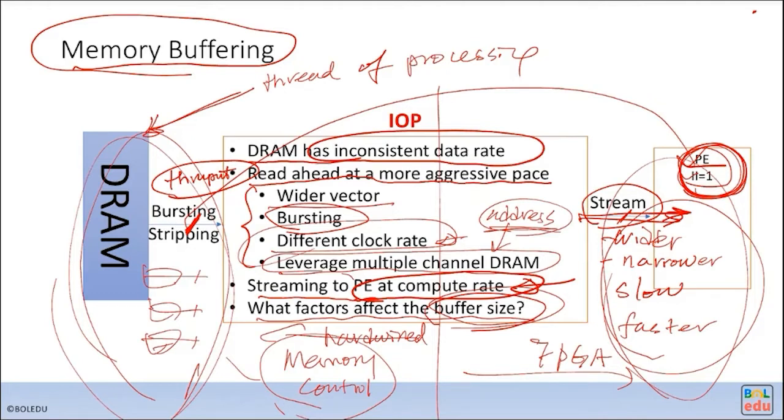Oftentimes you really don't need to prefetch too much data. Yeah, the one simple principle is the buffer size: if the memory bandwidth is much higher than the PE computation data throughput, then the buffer size just needs to be large enough to bridge the latency of the DRAM access.